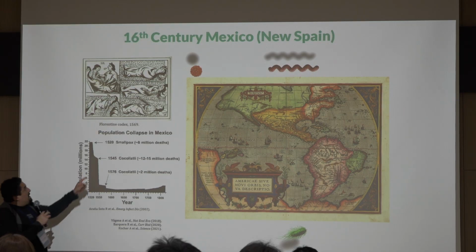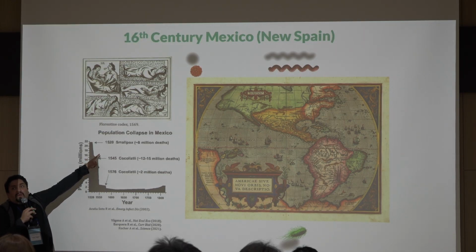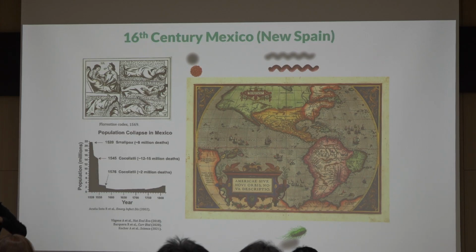They defeated the Mexica in 1521. If you look, in 1520 there was a smallpox epidemic. We already know that this decimated the inhabitants of central Mexico, and that's why Cortés could conquer central Mexico. He was aided by diseases.